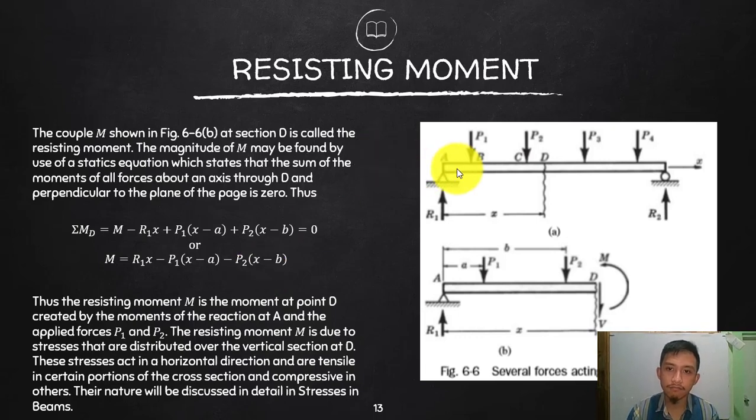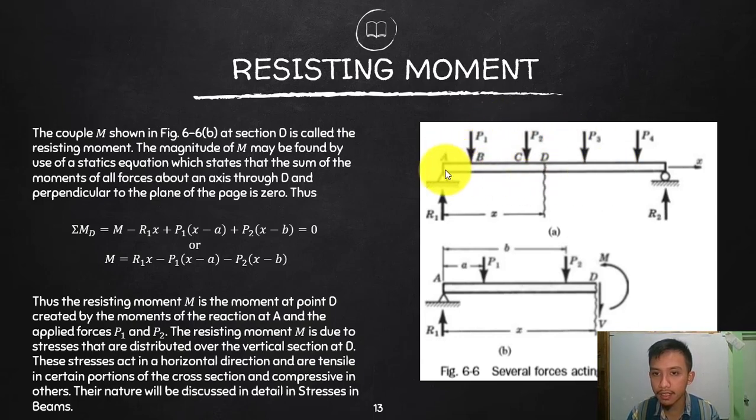Analyzing this beam, I need to know what will happen within part AB, BC, within the part between P2 and P3, between P3 and P4, and then on the last part, because the situation of this beam within these different parts will be different, because of course we have additional load.